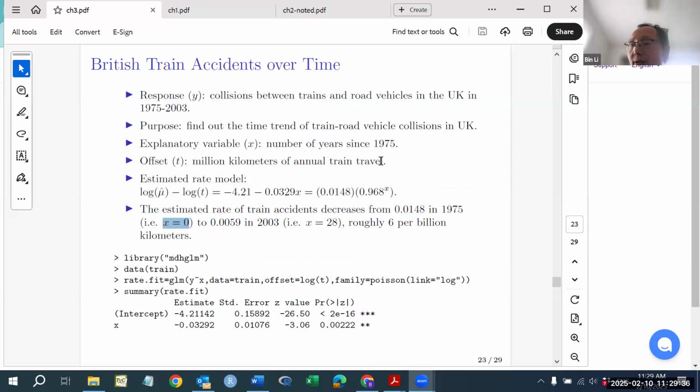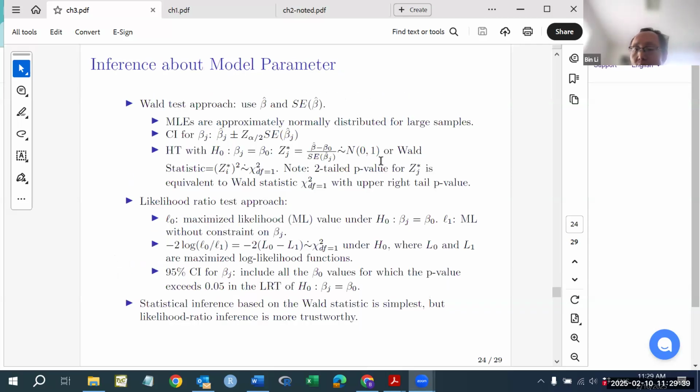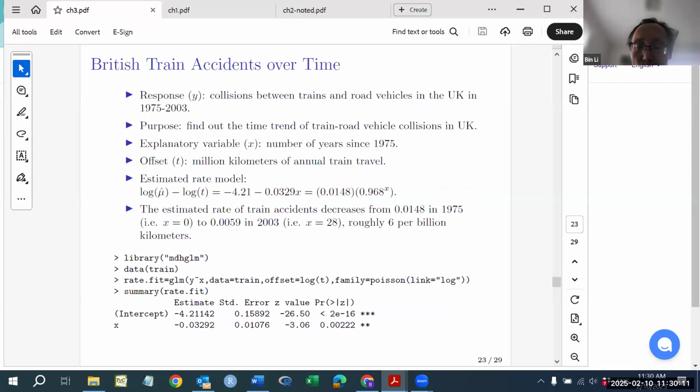After we fit the generalized linear model, we can also do inference. We can use the Wald test approach to compute the confidence interval and to do the hypothesis test, and we can also use the likelihood ratio test approach. The Wald test is very simple and easy to use, because the output gives a standard error for each parameter.